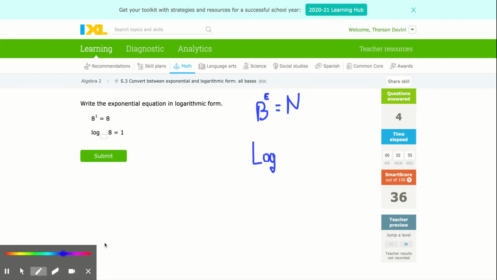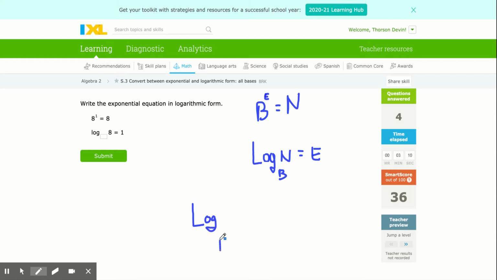The bases are the same. Base b on the exponent means it's base b on the logarithm. And remember that if you see just plain old log, that's going to be a base 10 that isn't written. If you see ln, that's a base e where the e is not written.